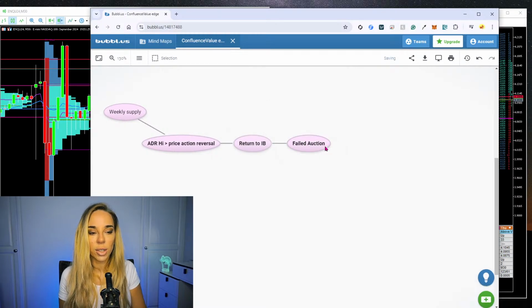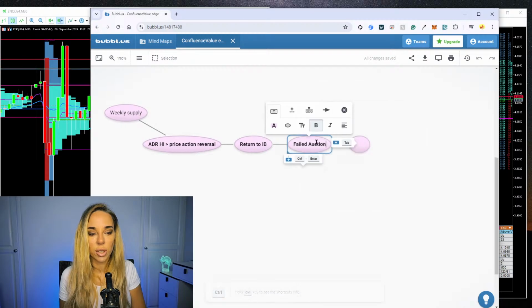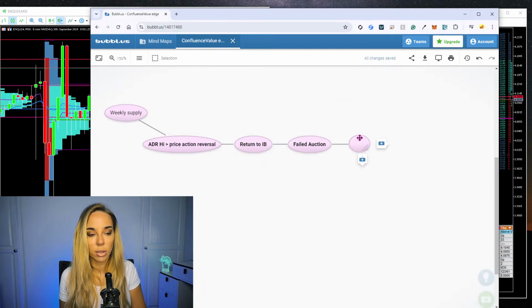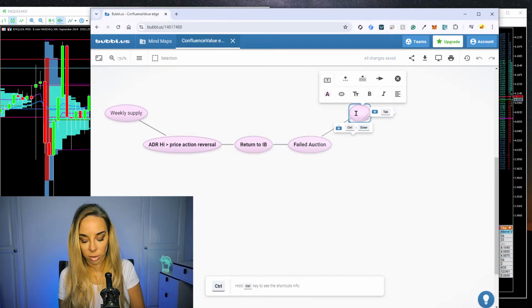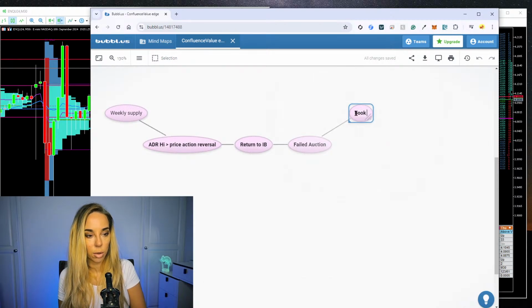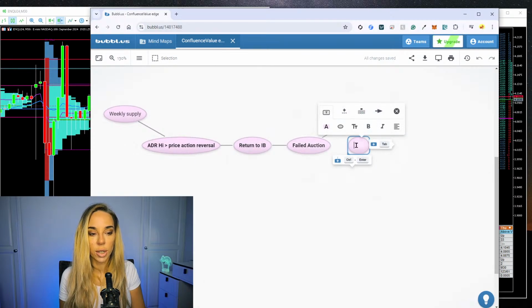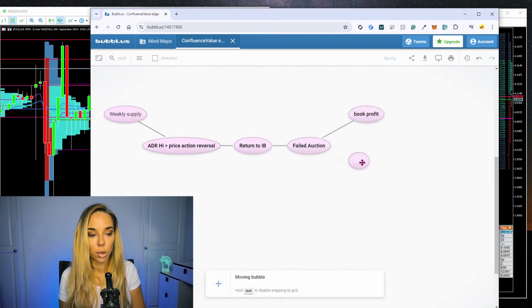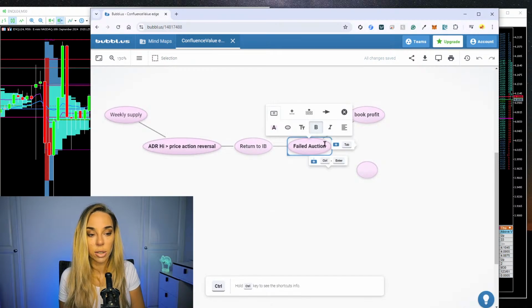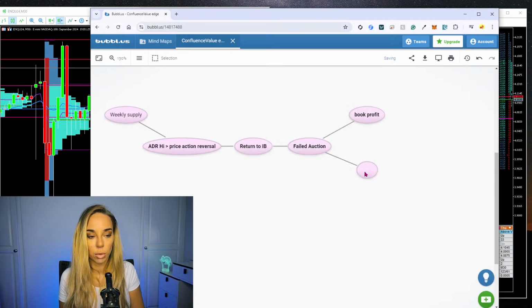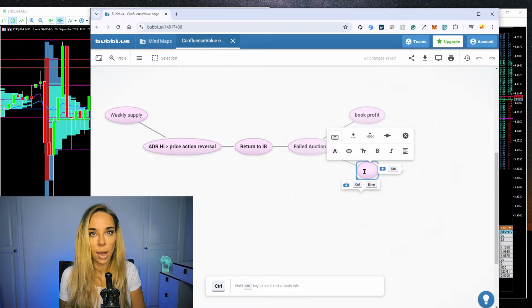And then you can decide whether you want to just stay out of it and book profit, or whether you want to use this as an extended version, if you think there's legs for the trade to go further, which is not always the case, right?